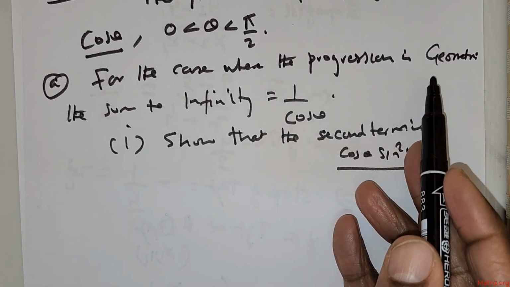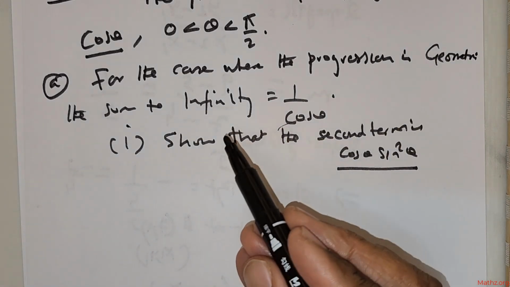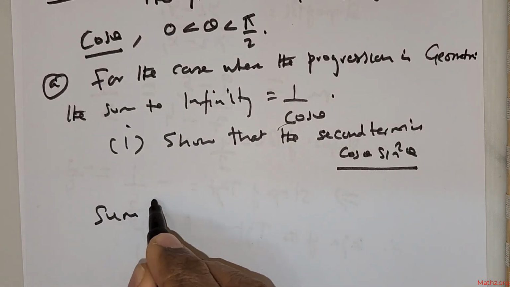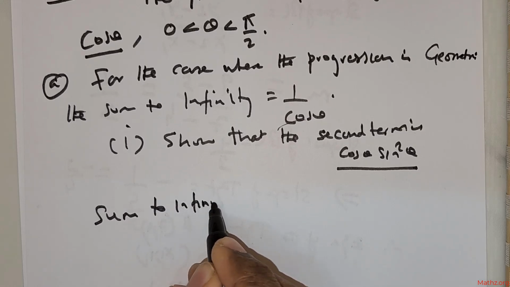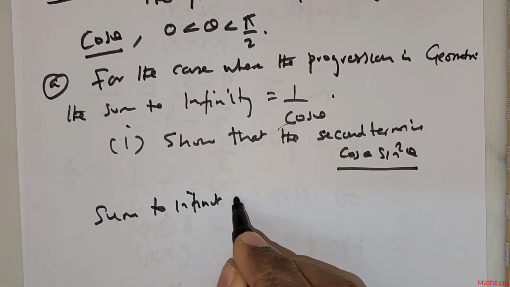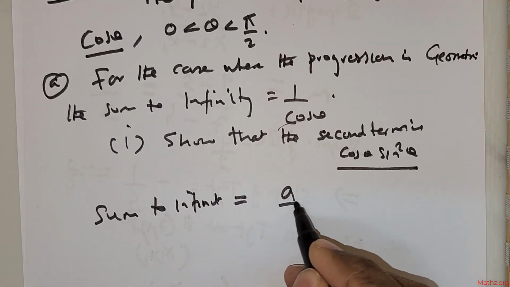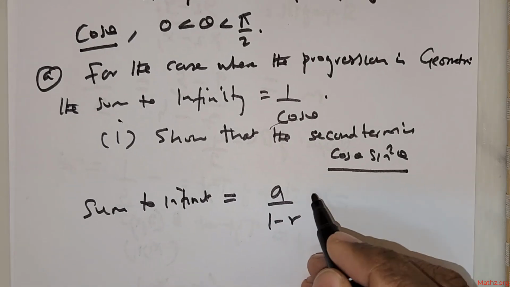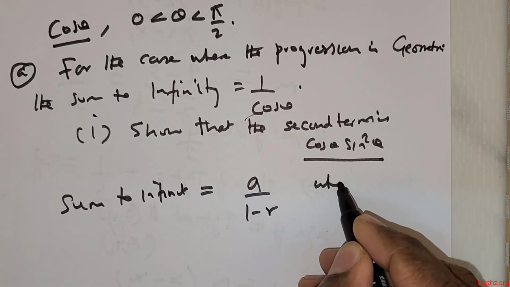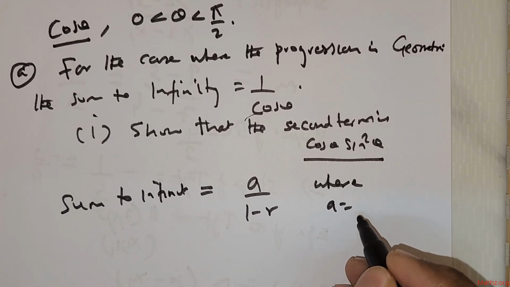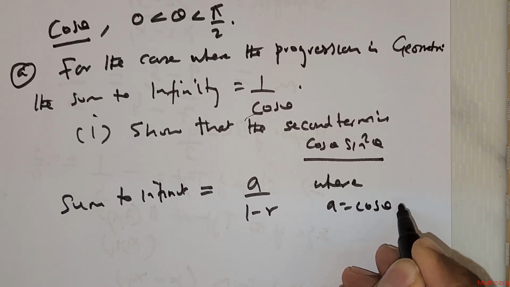Okay, for the case where the progression is geometric, the sum to infinity is given to be 1 over cos theta. Sum to infinity for a GP is given as a over 1 negative r, where a is the first term, where a is cos theta, because it's given already.